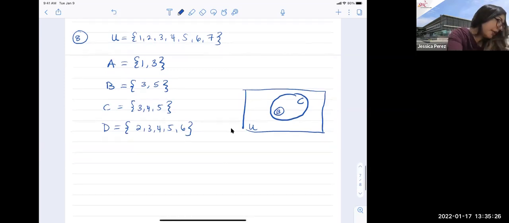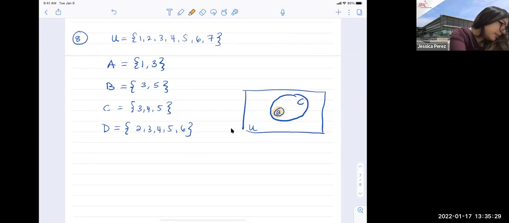Well, what does this mean? That means that elements in B should be contained in C. Is that true? Well, 3, 5, yes.